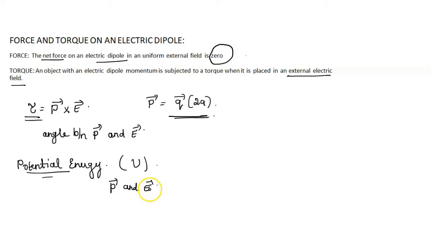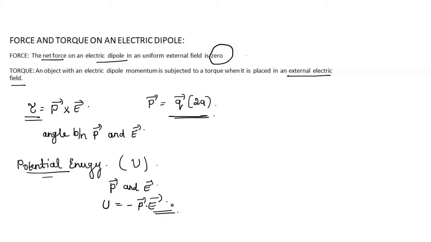We can write the expression for potential energy of a dipole in an electric field as the dot product of vectors P and E. That is, U is equal to P dot E. So this is the equation to calculate the potential energy.